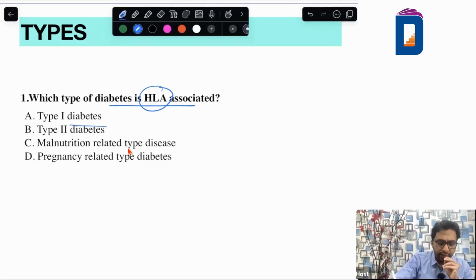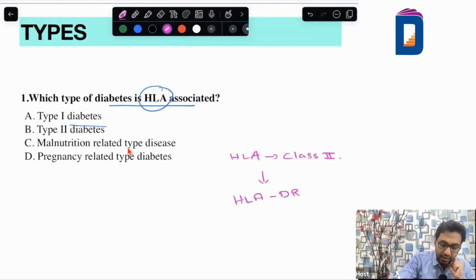Now, a little bit more: there are different classes of HLA, class 1, class 2, class 3 and so on. I'm not going into details there. HLA class 2, please note this. HLA class 2 alleles or genes, specifically HLA DR3 and HLA DR4.